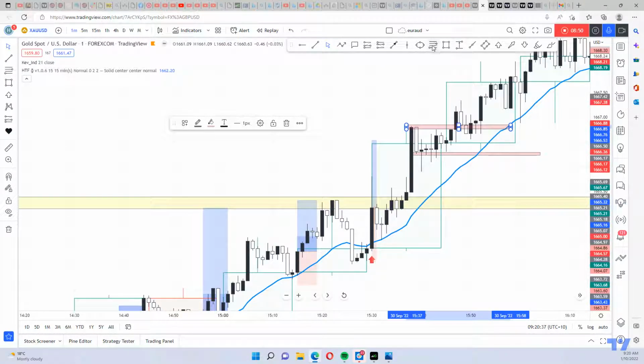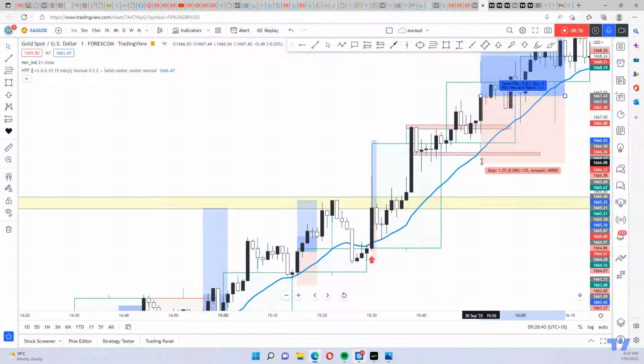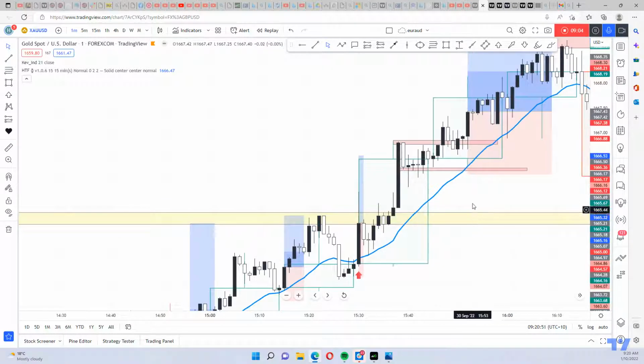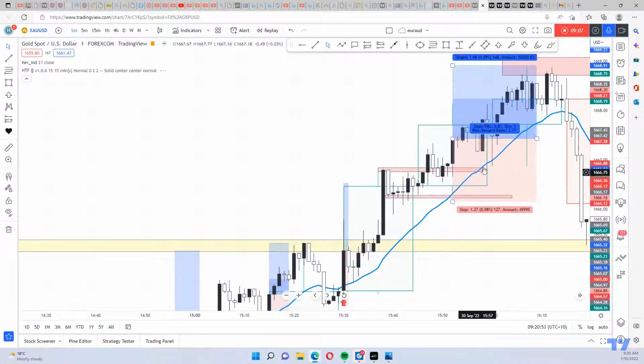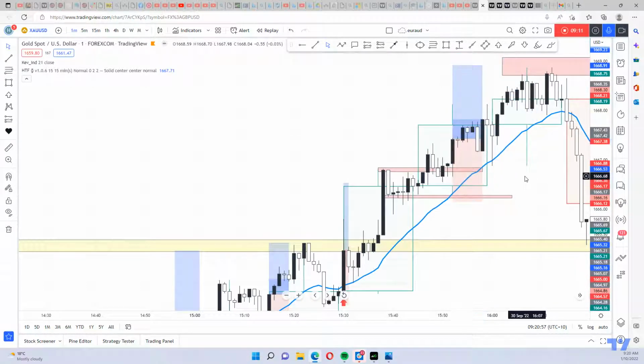I think at this stage you can buy from here. Long. If you put a stop loss here, it is either safe, okay? Really conservative, because the price goes up and makes a higher high anyway. So yeah, even if you put it right here, you still have profit.